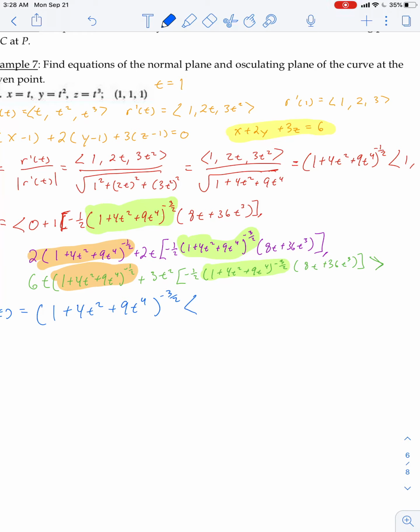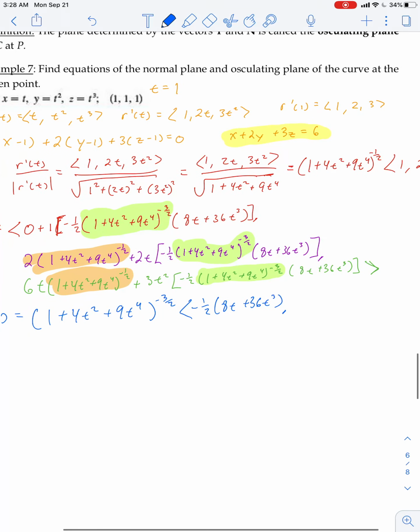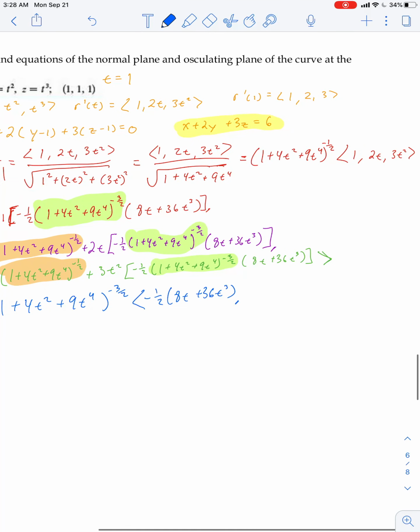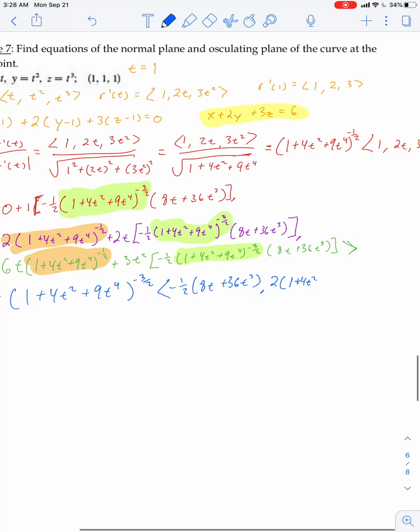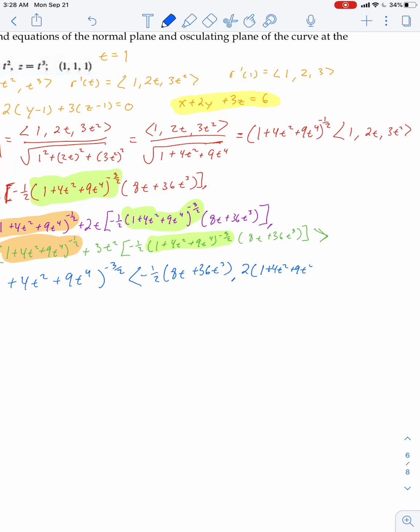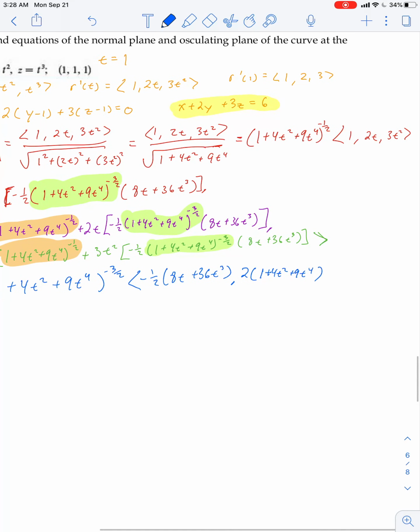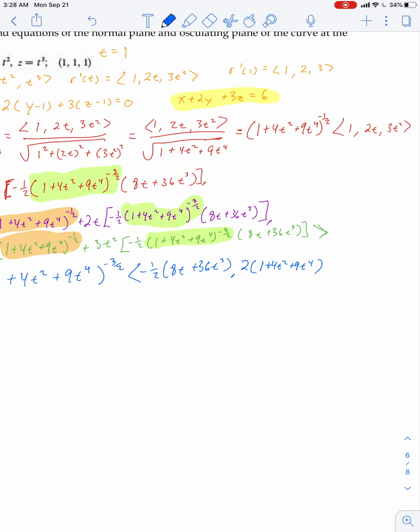So now I'm going to go ahead and write my vectors. And on top, what's left is just going to be negative 1/2 times (8t + 36t³). And then I have a 2 times (1 + 4t² + 9t⁴).